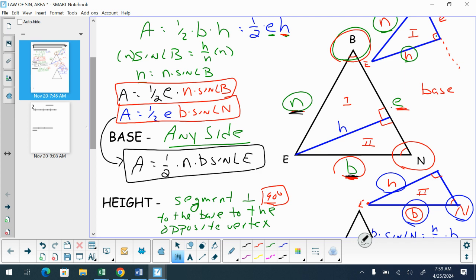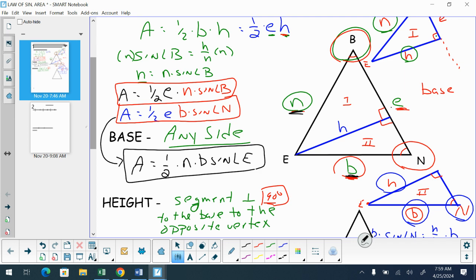They're adjacent, and they're right next to each other. Or what we call that is those two sides form that angle. Those two sides, B and N, form angle E. B and E form angle N. N and E form angle B. So those are the two sides that form that angle.